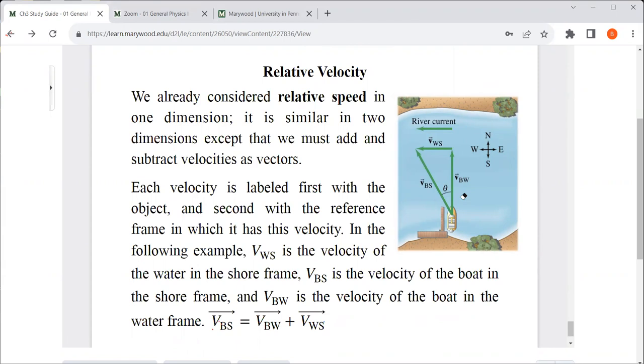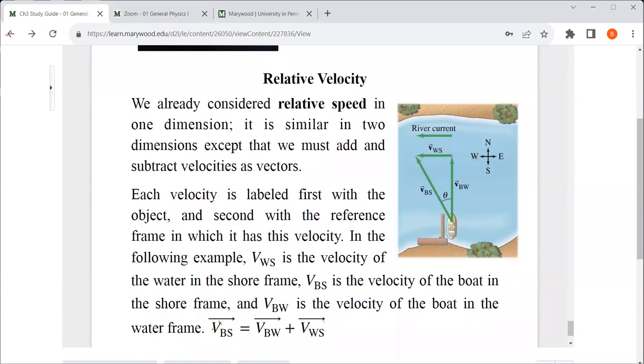Okay, but let's say we have a problem something like this: a boat is going from one shore to another shore, one side to another side, but let's say there is now a river current. Okay, so if there is no river current, then it is simple, right? It's just the boat's velocity or boat's speed.